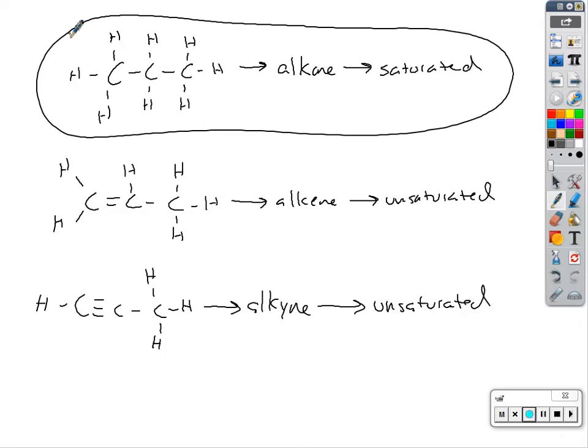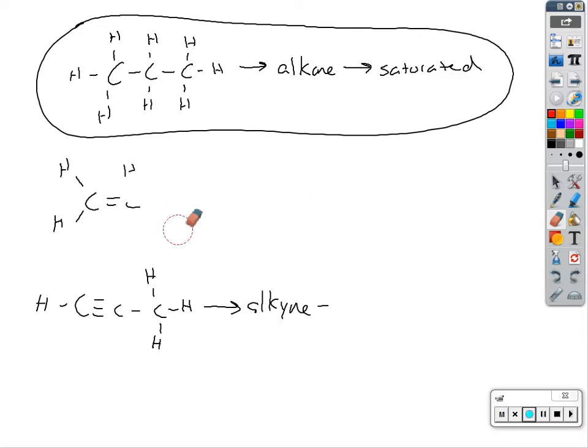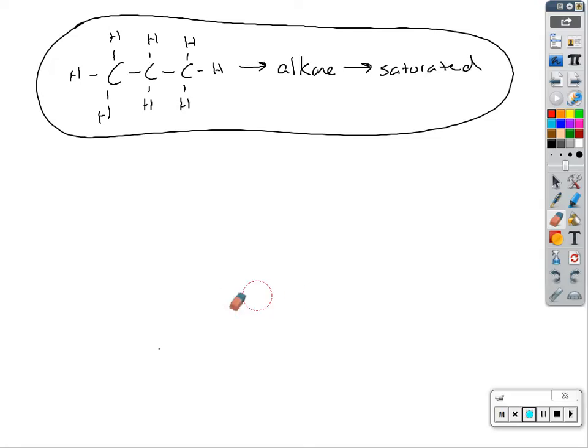Now apply that to the general formula idea. That means the only saturated ones have to have the general formula or general pattern that we see in an alkane. They have to be CnH2n+2. If they don't fit that, they're not alkanes and they're not saturated.